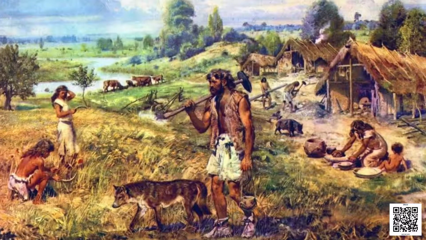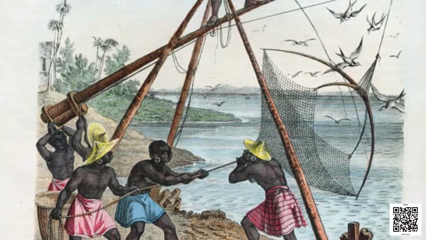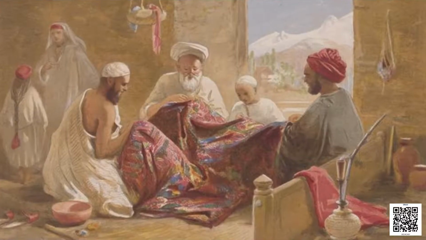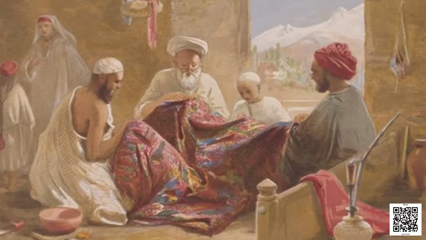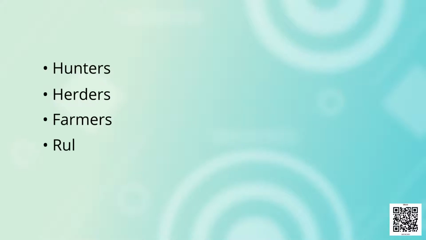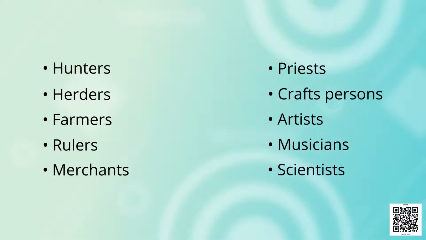There are several things we can find out. What people ate, the kinds of clothes they wore, the houses in which they lived. We can find out about the lives of hunters, herders, farmers, rulers, merchants, priests, craftspersons, artists, musicians, and scientists.